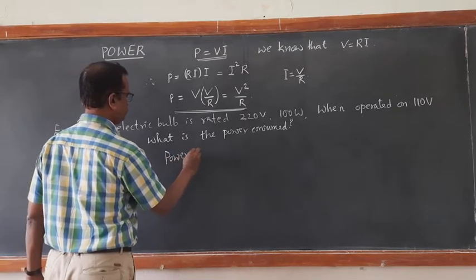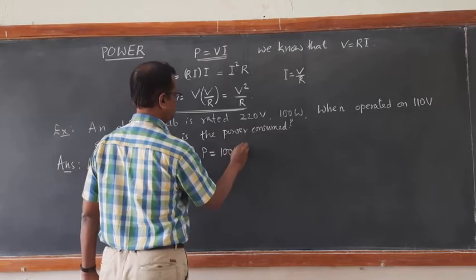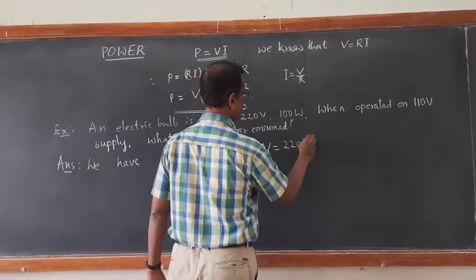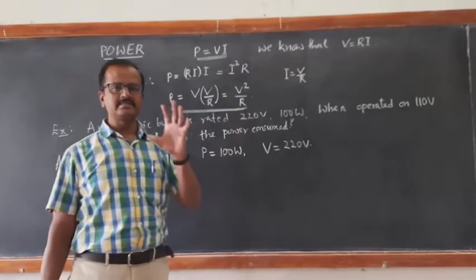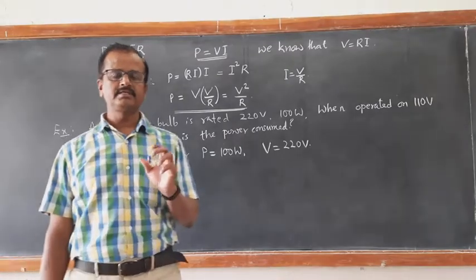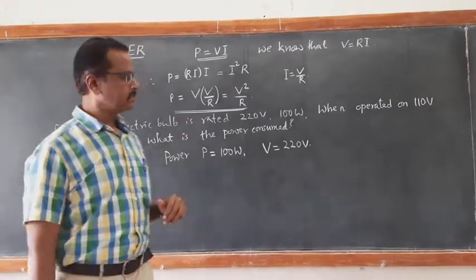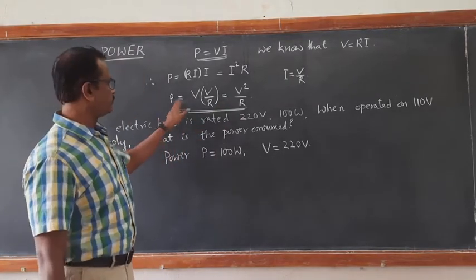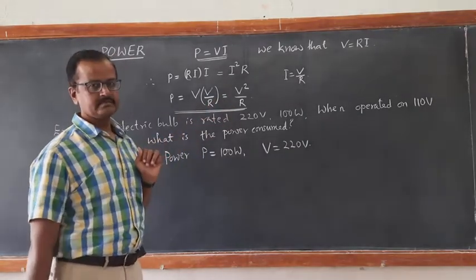Power of the bulb P equal to 100 watt for voltage supply 220. Now what remains constant here for a bulb is its resistance. Resistance of the filament remains constant. So we have to use this equation P equal to V square by R, so that we can find out what is the resistance.